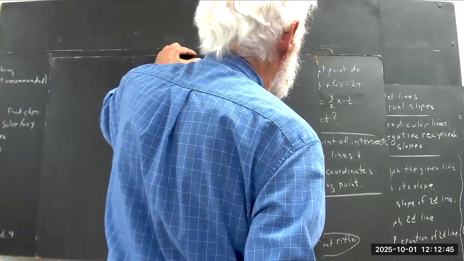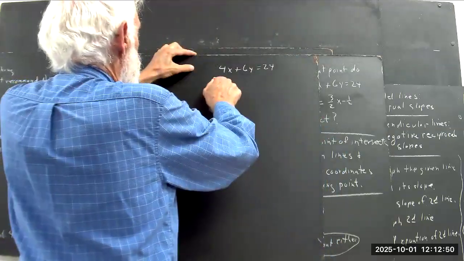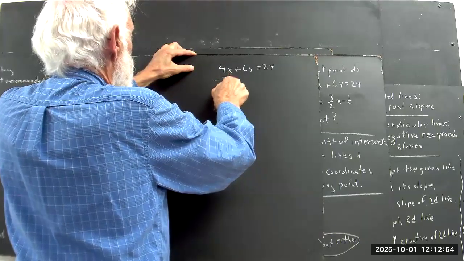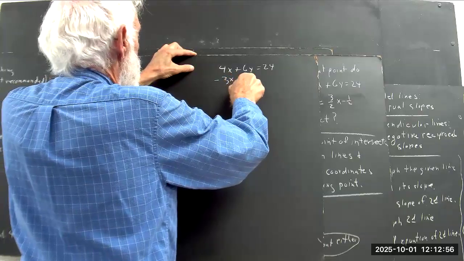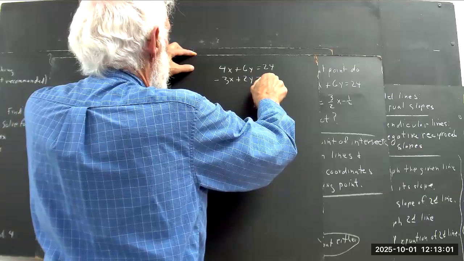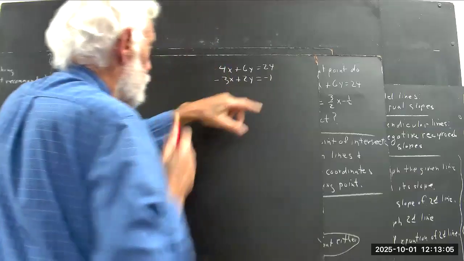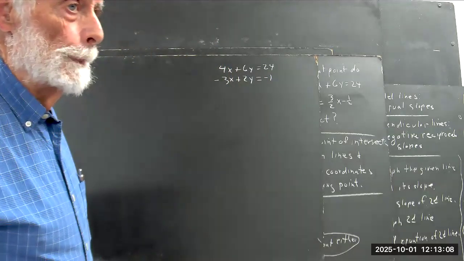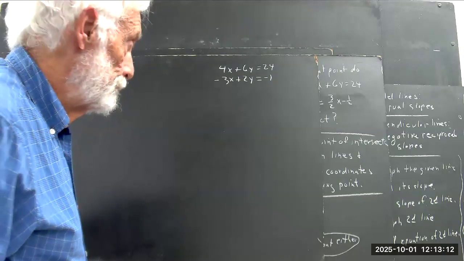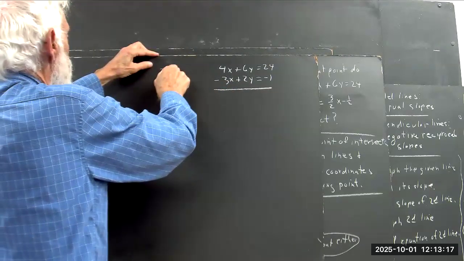And we've also got negative 3x plus 2y equals negative 1. These are 2 equations.